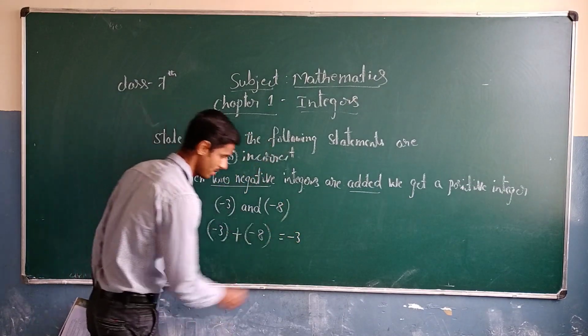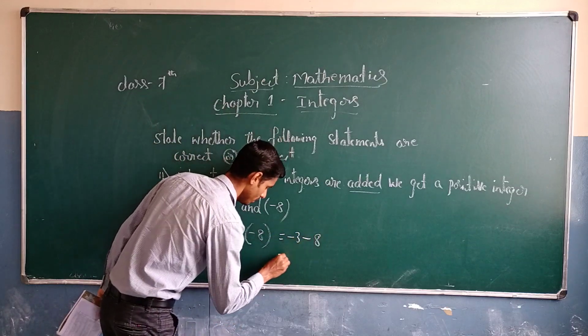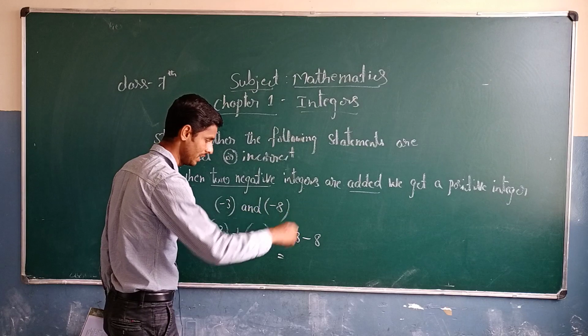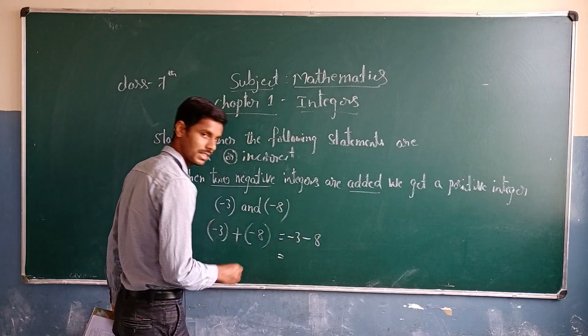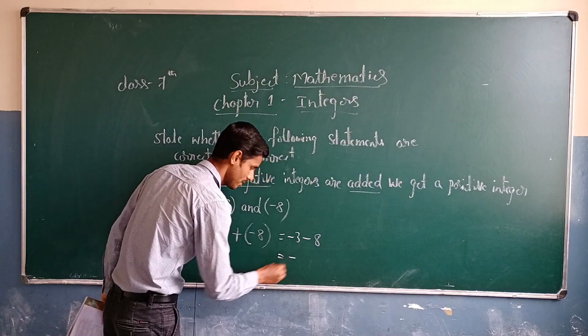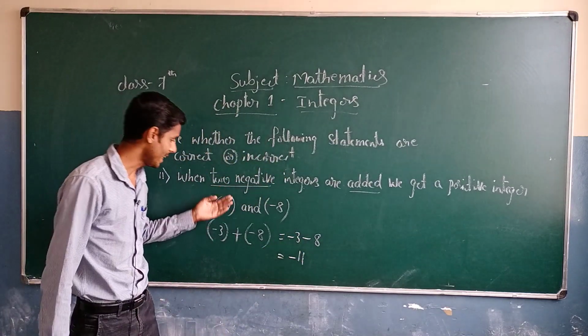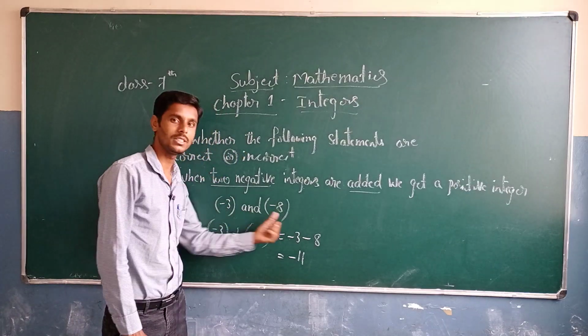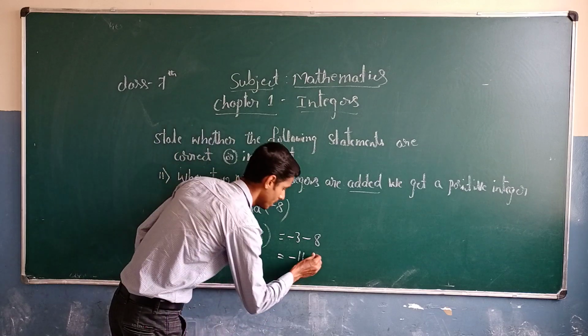Plus into minus is minus 8. When we have same sign, we will add, but we put the sign. Minus 3 and minus 8 is minus 11.